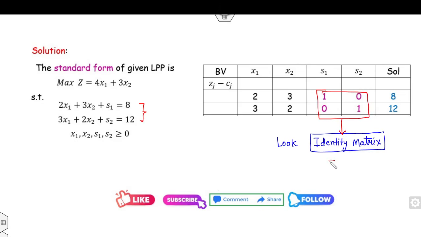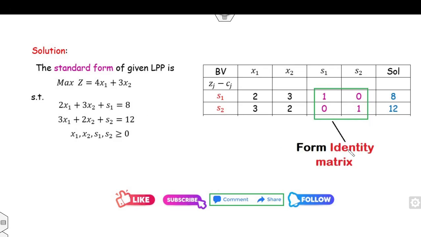And we all know the identity matrix's first column is 1, 0. This one, and the corresponding column is my s1, so you can write the first basic variable as s1. 0, 1 is my s2. Make sure, student, you write this column according to the identity matrix.